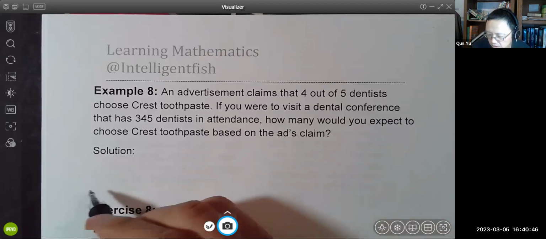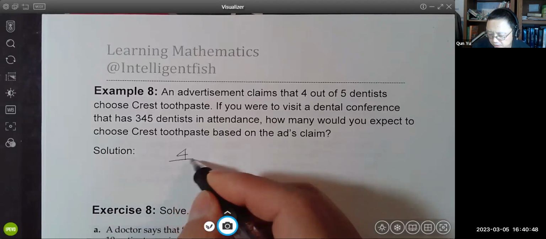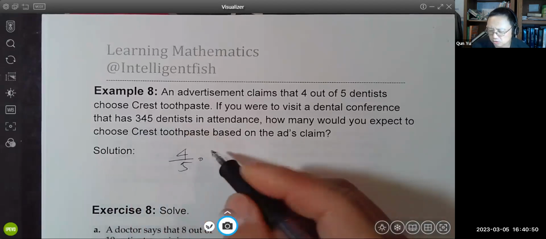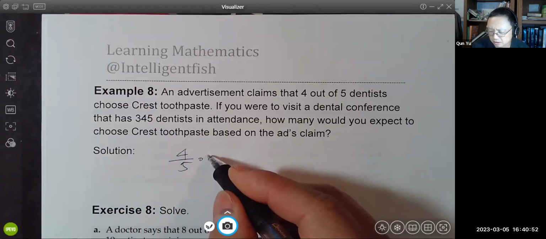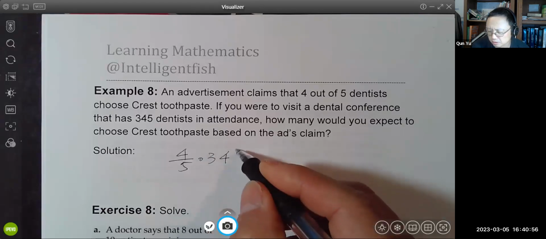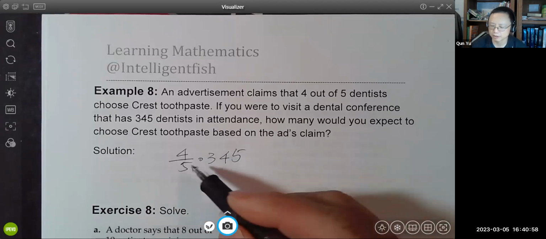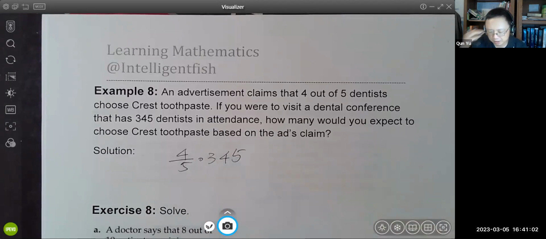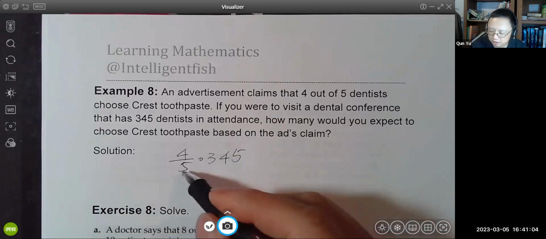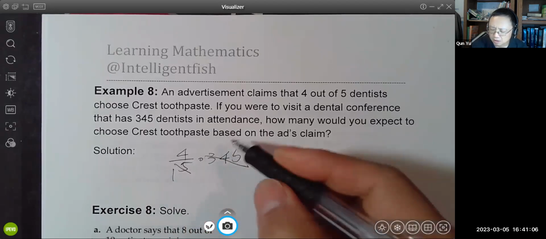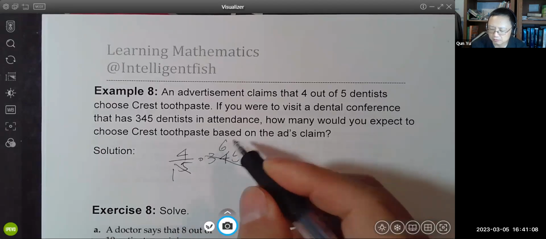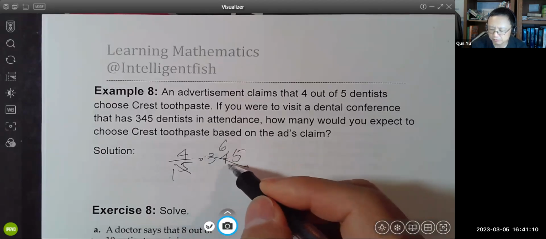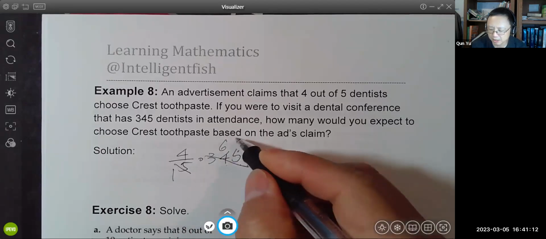Let's do the calculation. 4/5 of this total number of dentists in attendance will choose Crest toothpaste. So we just need to multiply this fraction with this amount. This number ends with 5, which means it can be divided by 5. So we just divide by 5. 5 times 6 is 30, 45. 45 divided by 5 is 9, so 69.